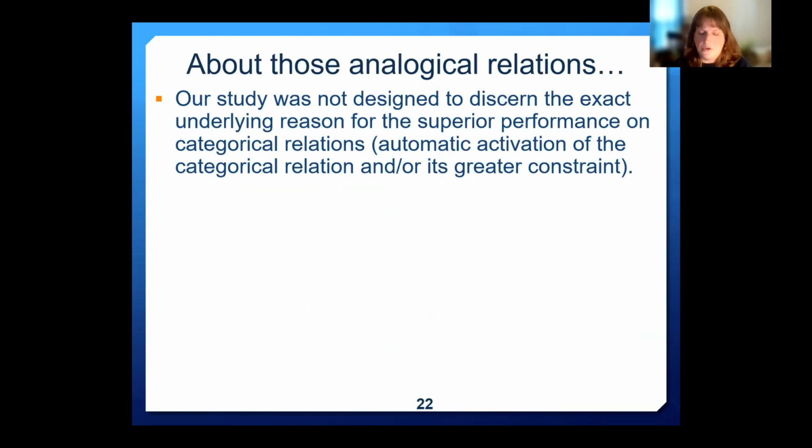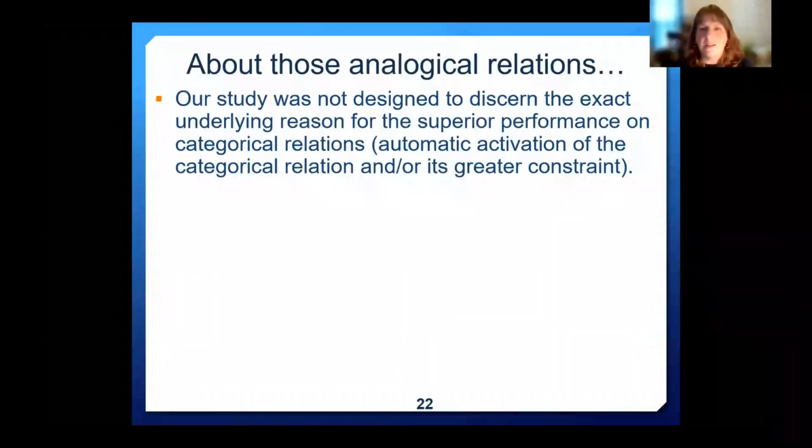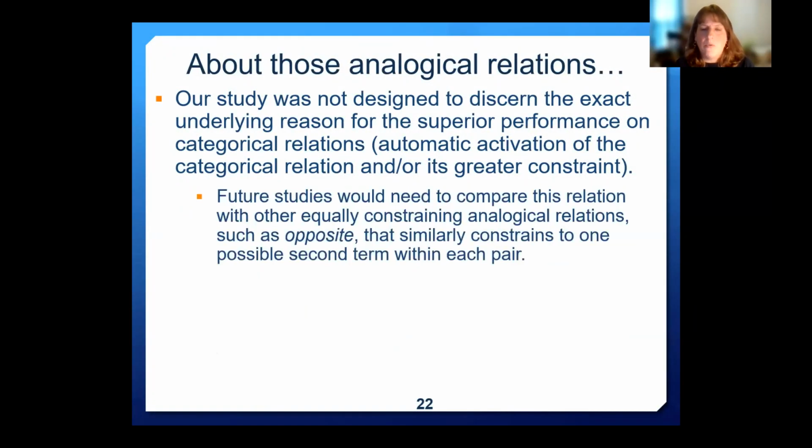So about those analogical relations, our study wasn't designed to discern the exact underlying reason for the superior performance for the categorical relations, whether, for instance, it was that automatic activation of the categorical relation or the greater constraint of that superordinate categorical relation. One way to discern this a little more would be to compare this very constraining type of relation with another similarly constraining type of analogical relation, like opposite.